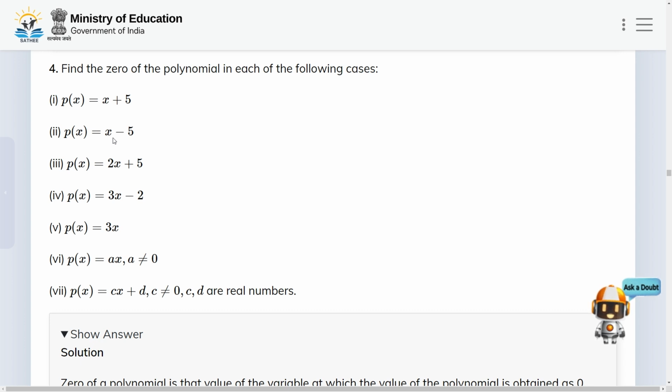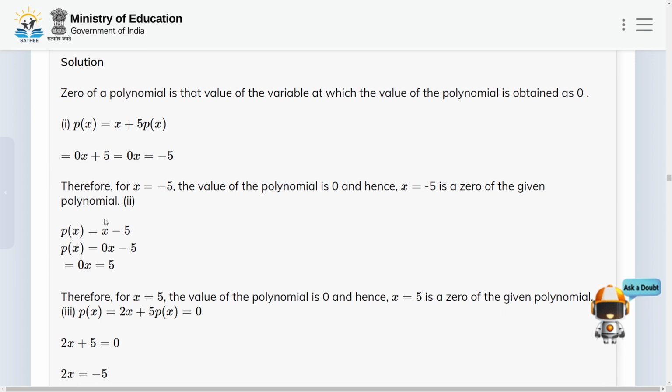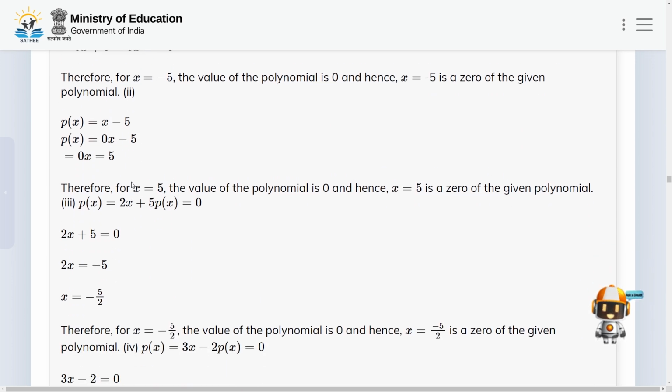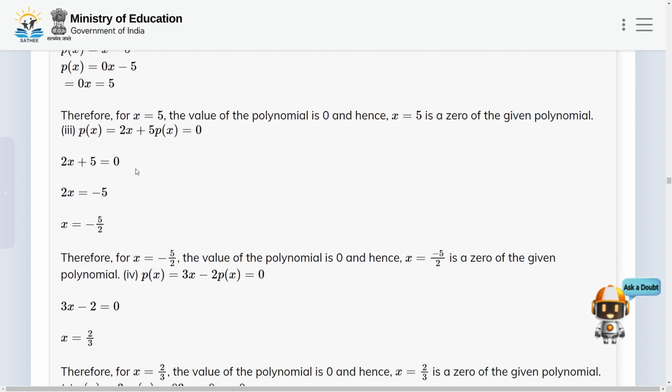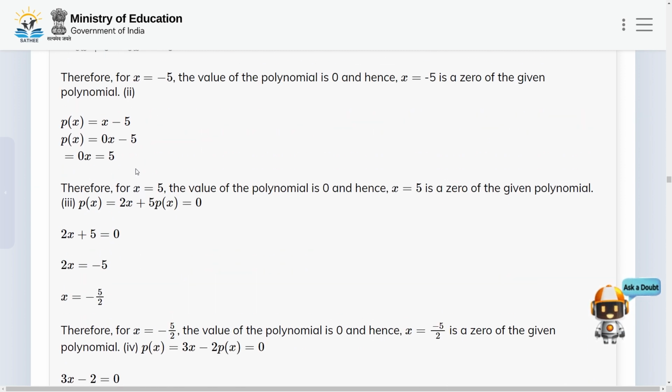In the second one, we have p of x equal to x minus 5. If we equate p of x to 0, then we get x minus 5 equal to 0, and it implies x is equal to 5. Okay, so for x equal to 5, the value of the polynomial p of x equal to x minus 5 is 0, and hence x equal to 5 is a 0 of the given polynomial.